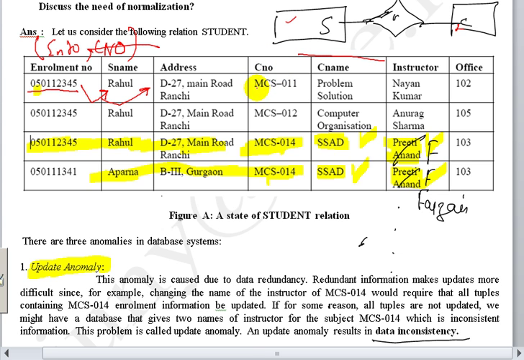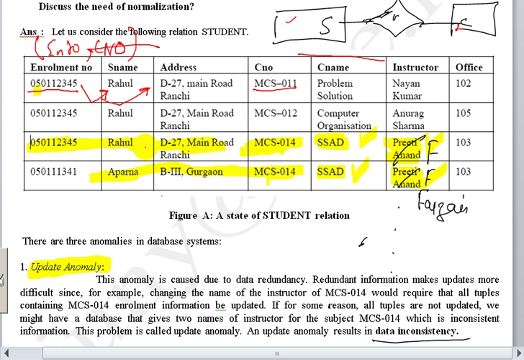Because if I say course MCS011, it will uniquely tell me it is this problem solution course, and it is this teacher teaching it, and which has the following office. Are you getting what I'm saying? So this table will have a composite key as a primary key. It will not have a single primary key, it has a composite key, because it has two informations in it. One is student information, one is course information.